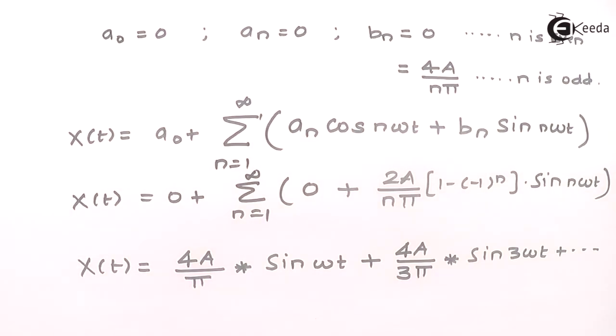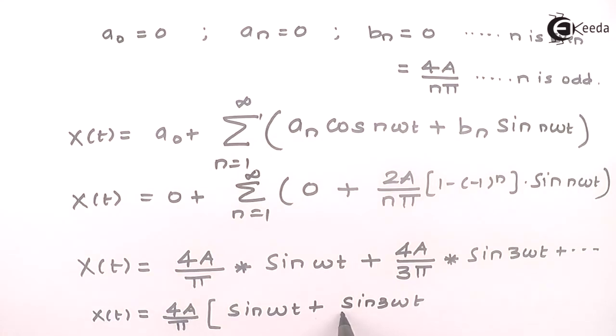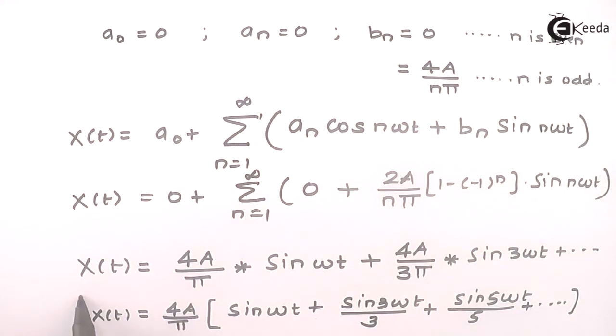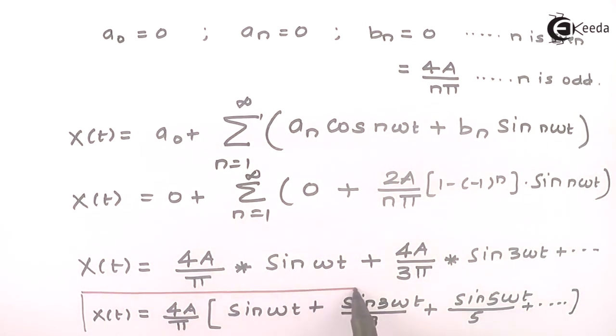So finally I can write this as x of t is equal to 4a divided by pi in bracket sin omega t plus sin 3 omega t divided by 3 plus sin 5 omega t divided by 5 and so on. So this will be the final answer we will be getting.